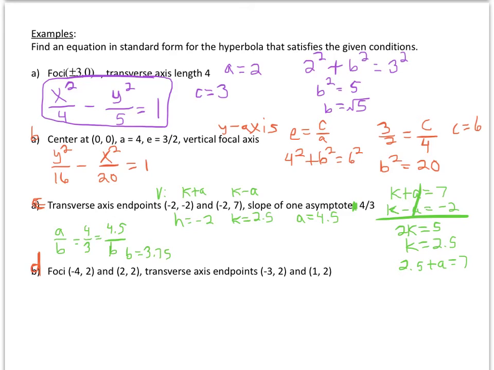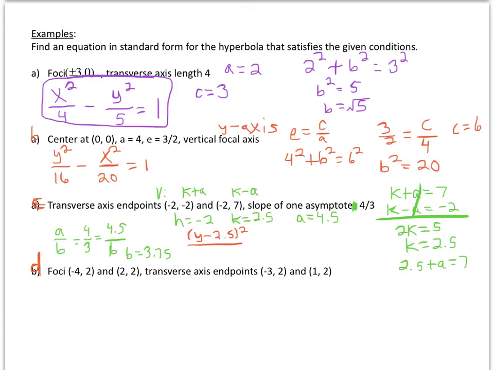This took a kind of a crazy turn here, didn't it? So we don't want x first, we want y first because h stayed the same. Okay, so y minus 2.5, or we could use fractions for this. I don't know why I'm using decimals, over a squared.